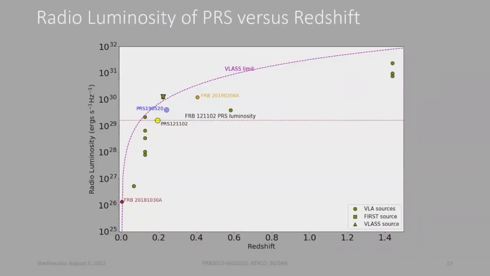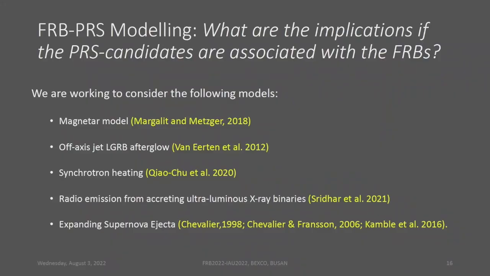Okay, so what are the implications if the PRS candidates are associated with the FRB? For this, we are considering some models that have been used to describe the FRB 2022 PRS. Some of them have been described very well by the last speaker, Tarraneh, so I won't go into so much detail.